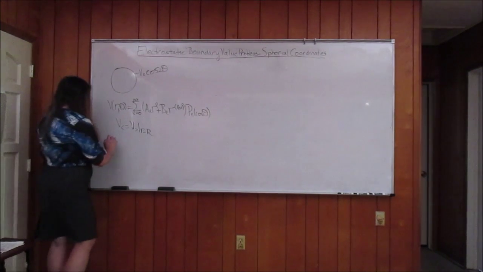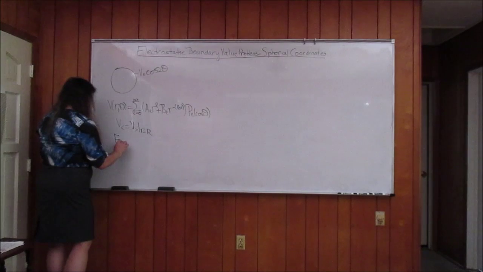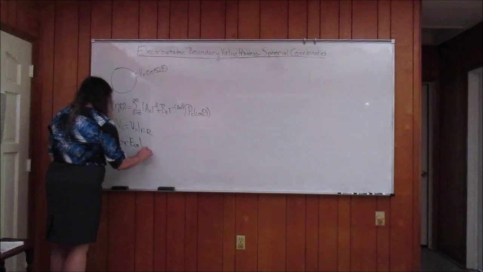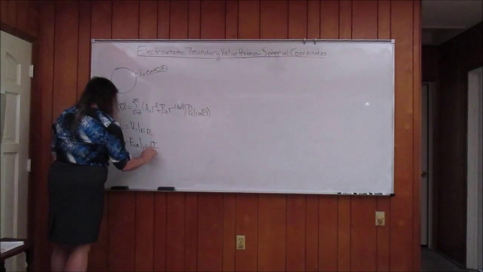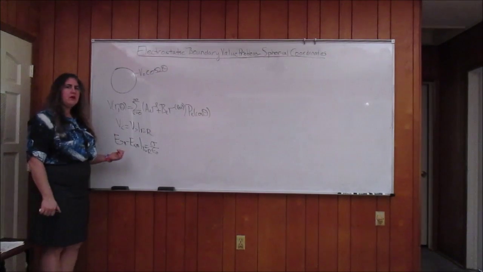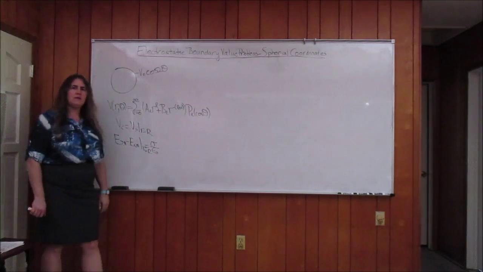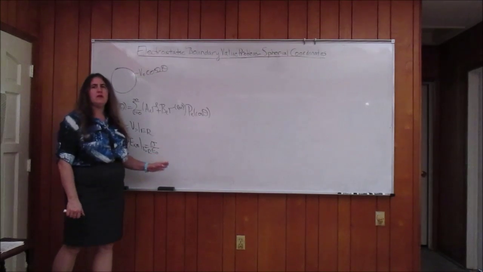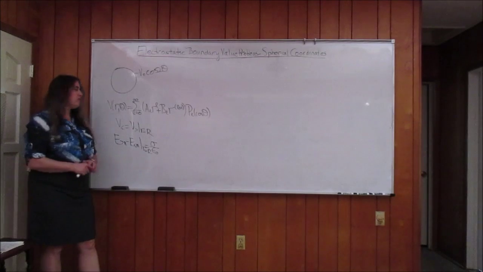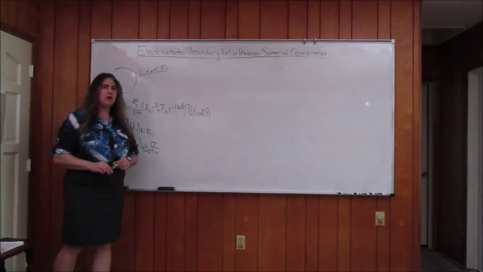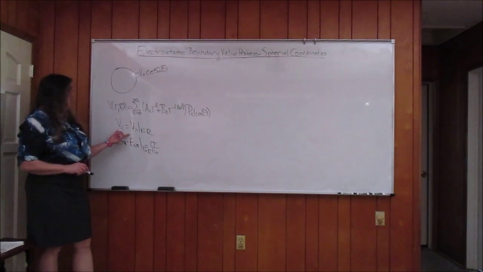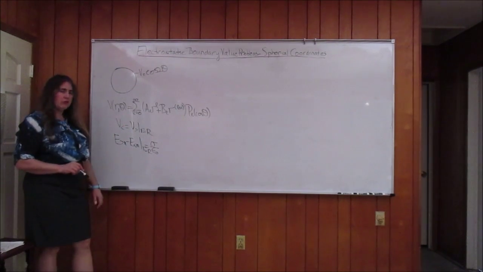The second condition is that the normal component of the electric field suffers a discontinuity at the boundary, and that discontinuity is equal to sigma, the surface charge density, over epsilon naught. Now, we don't know what the surface charge density is yet. We can figure that out in the course of analyzing this problem. But the first condition tells me how A_L and B_L are related to each other.